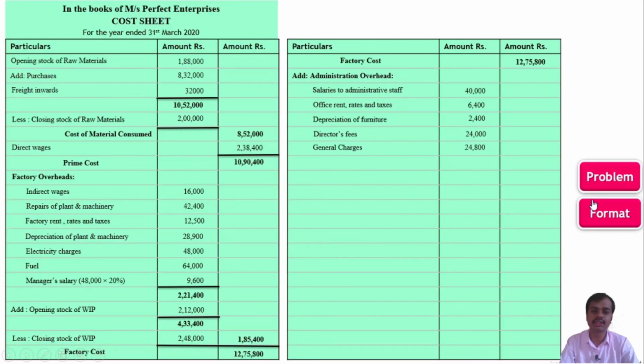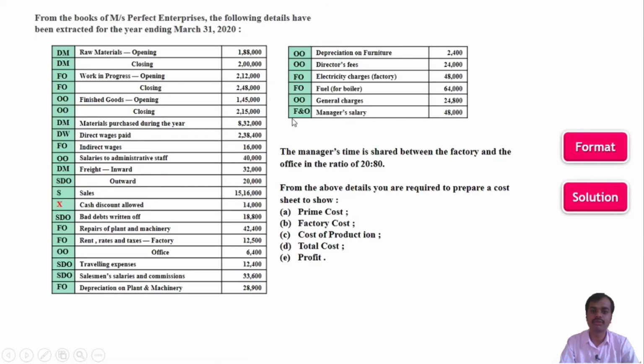So let's take manager salary 48,000 80%, which we get 38,400. And I think in the problem all office overheads are finished except these two adjustments.